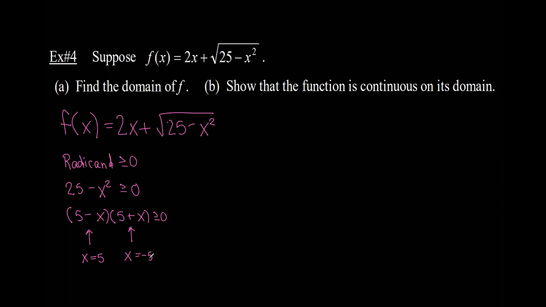If I look at the graph of the radicand, specifically of 25 minus x squared, I see that this function is greater than or equal to 0 between negative 5 and positive 5.